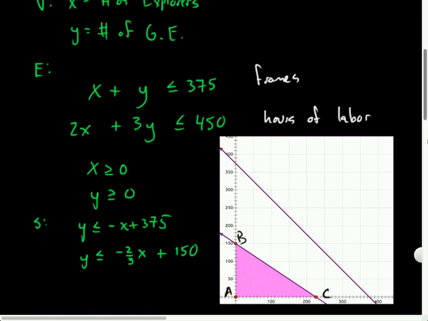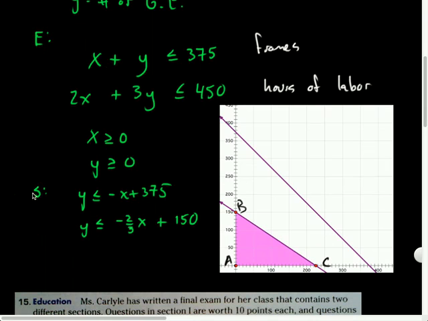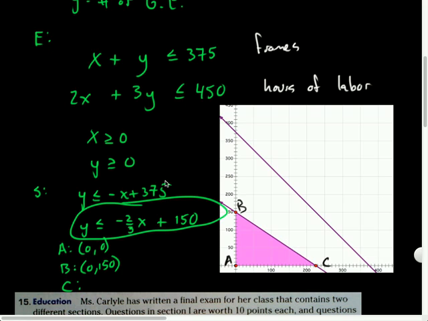So this A would have been 0, 0. B would have been 0, 150, and C, I might have to calculate C. I know that the y coordinate is 0, and it's the x-intercept of that one.